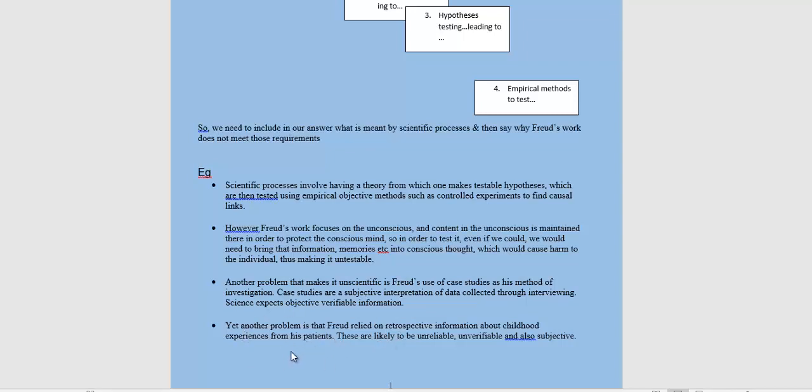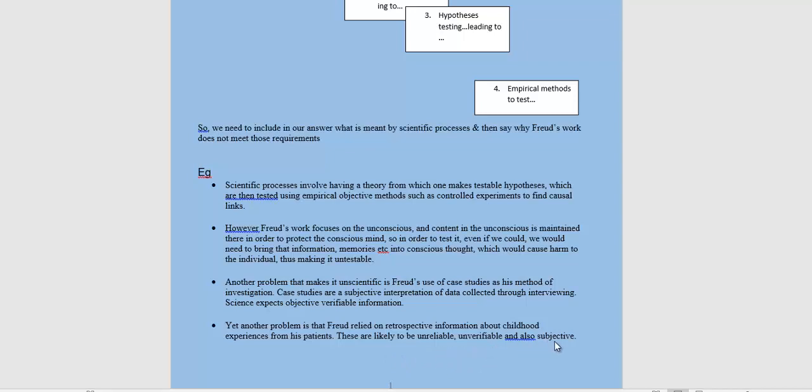Another point you could add, although you've probably got enough for 4 marks now, is that Freud relied on retrospective information about childhood experiences. Retrospective means looking back. So here the individual is looking back at something that happened a long time ago. And obviously, with the best will in the world, these will be unreliable.